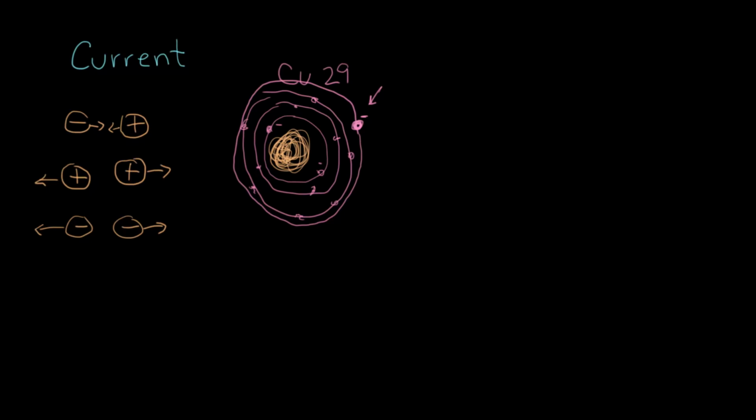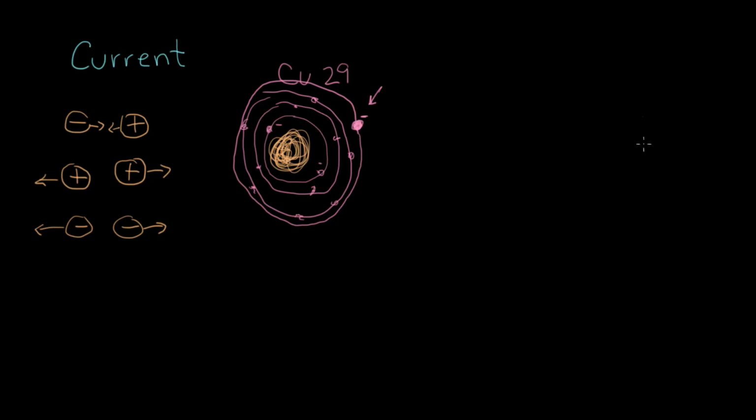So if I have a chunk of copper, every copper atom will have the opportunity to contribute this one lonely electron out here. If we look at another element, like for instance silver, it has this same kind of electron configuration where there's just one out here, and that's why silver and copper are such good conductors.